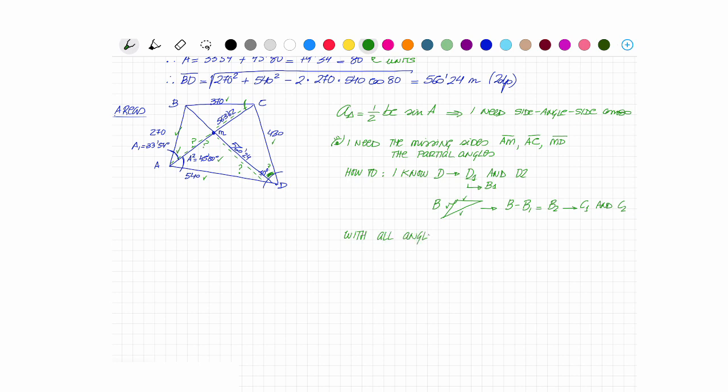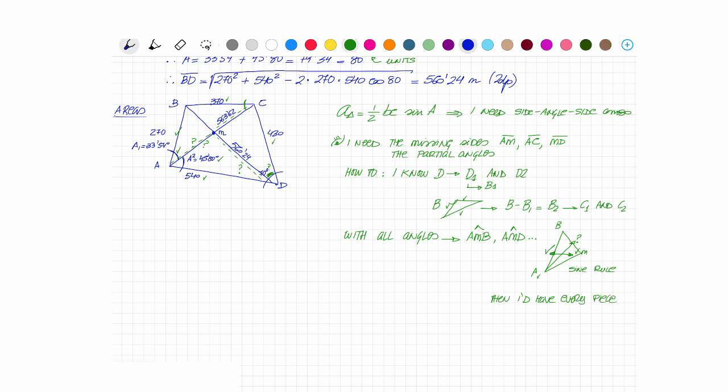And with all of those partial angles, I can find the angles that the diagonals made with each other, angle AMB, AMD, etc. Because then I will have a pair of side and angle that I know in each of the triangle areas, and one opposite to the side I want to find, and I would have all the pieces I need. Okay, that sounds like a good plan. I'm ready now to start writing.